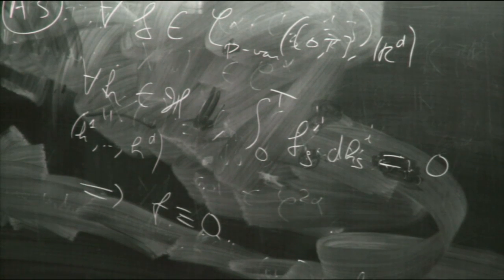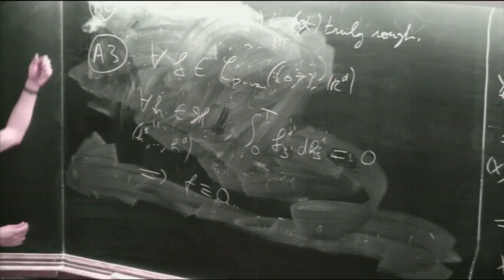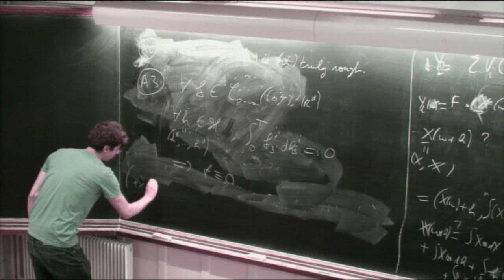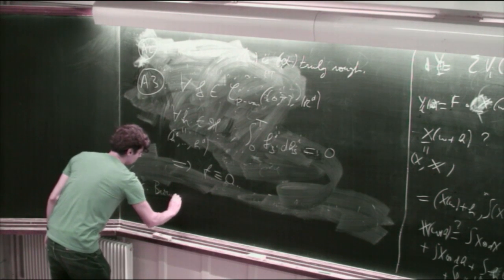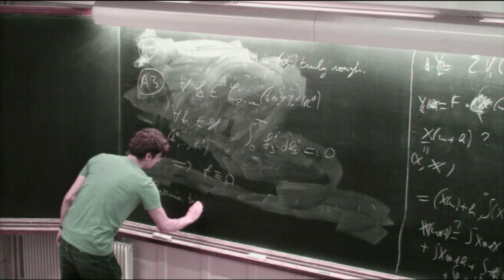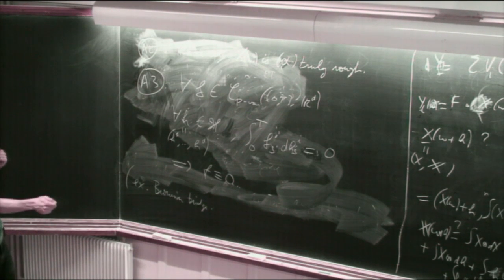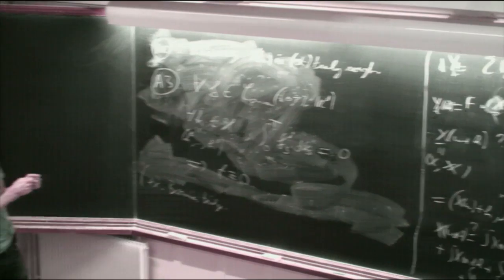So this is more a global assumption. For instance, one example of a process which would satisfy the first two assumptions but not this one would be a Brownian bridge. A Brownian bridge is basically a Brownian motion conditioned to come back to its starting point.